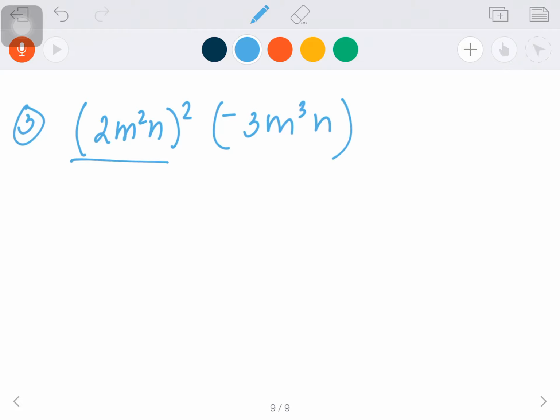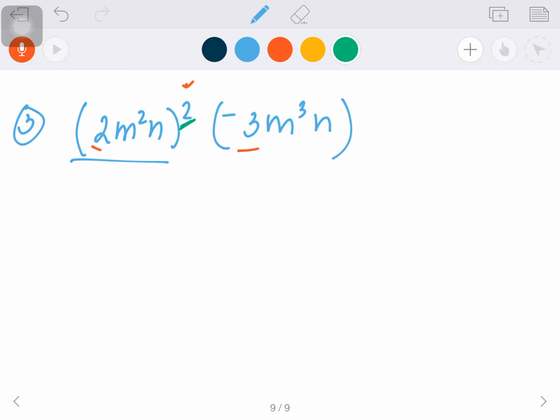Now in this case, you have to be very careful. You cannot multiply this directly. What I mean is, you cannot multiply 2 to 3 right away. Not just yet. You still have to perform this power, simplify the power.